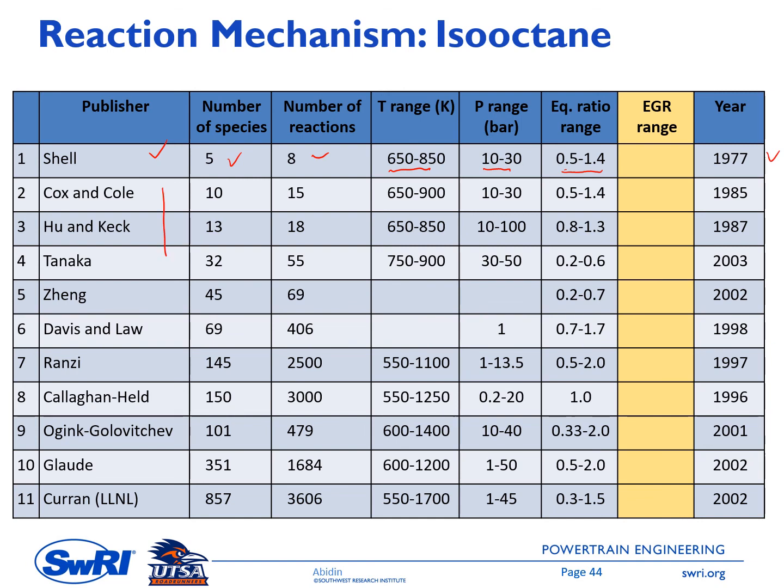Going down here, we have more complicated reaction mechanisms, for example the one from LLNL, which is one of the national labs. For this isooctane, LLNL developed a reaction mechanism with 857 species and 3,606 reactions, and this is the applicability of the mechanism.